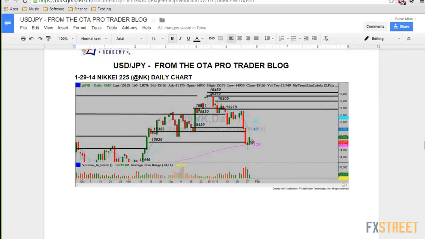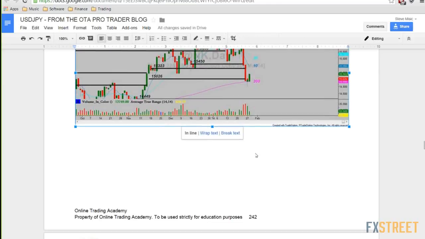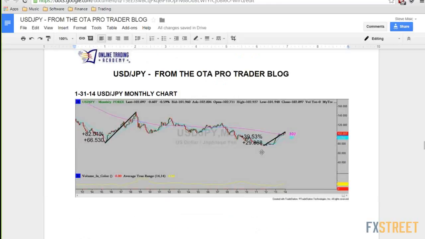And then all of a sudden, because the dollar caught a little bit of a rally, the Nikkei turned around and rallied with it. And as we look at our monthly chart, once again, still haven't made any new highs. We're still up 39.53% from the lows of 2011, okay, since this last bear market rally.